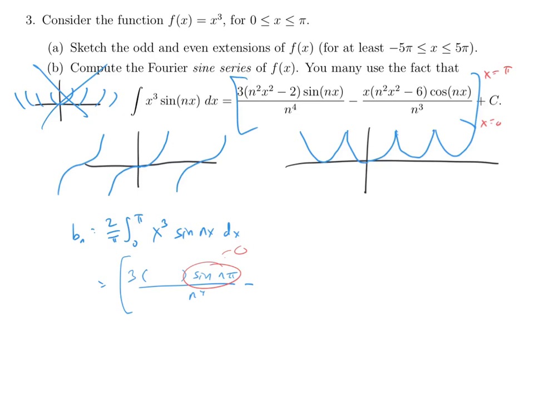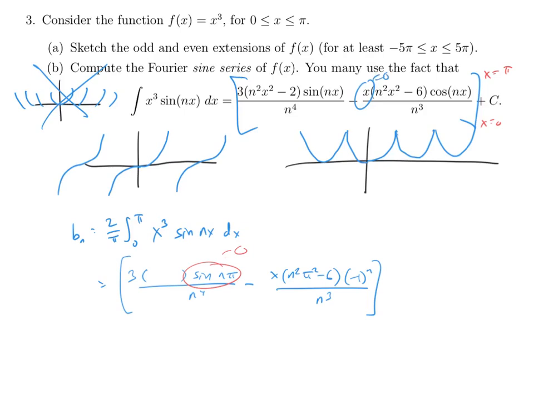Minus, and then you have x n squared pi squared minus 6, cosine of n pi is negative 1 to the n over n cubed. And then you plug in 0, so sine of 0 is 0. And if you plug 0 into here, that's going to go away.